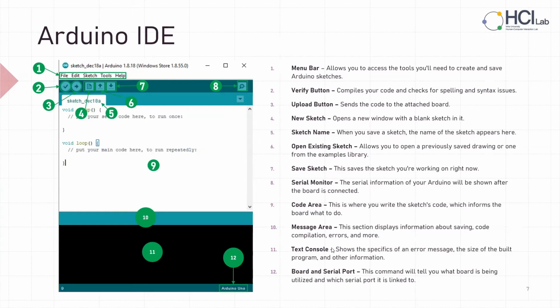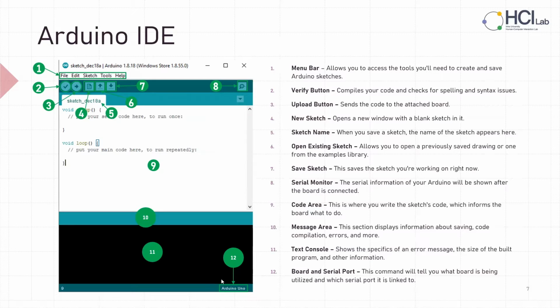And next one is the message area. This section displays information about saving, code compilation, errors, and other information. And next one is the text console. It shows the specifics of an error message, the size of the built program, and other information.